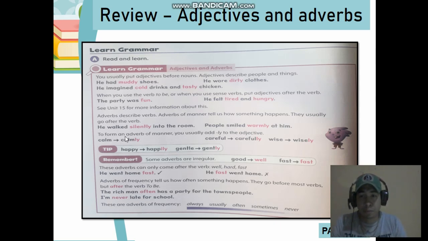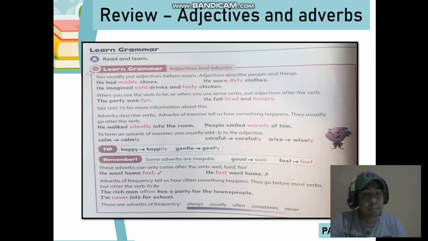Now, to form an adverb of manner, this is important. To form an adverb of manner, you usually add ly to the adjective. So at the end of the adjective, we just put ly, and that will transform it into an adverb. For example, the word come changes to comely.